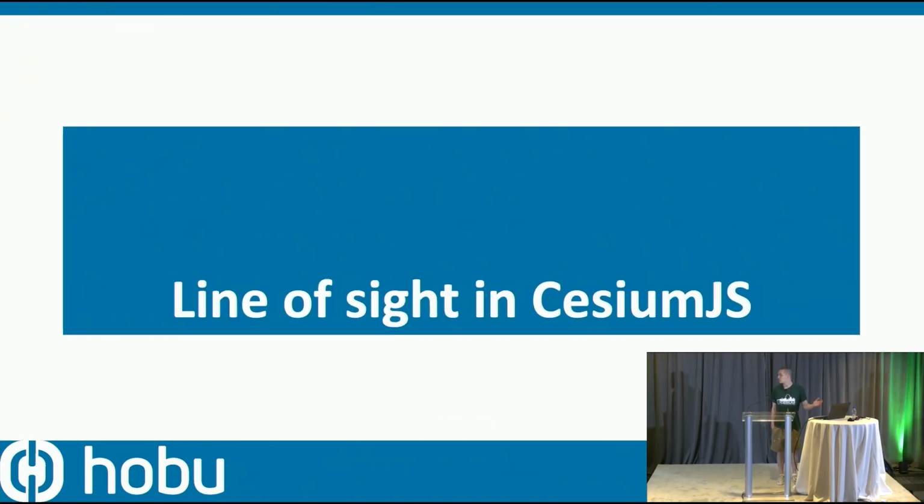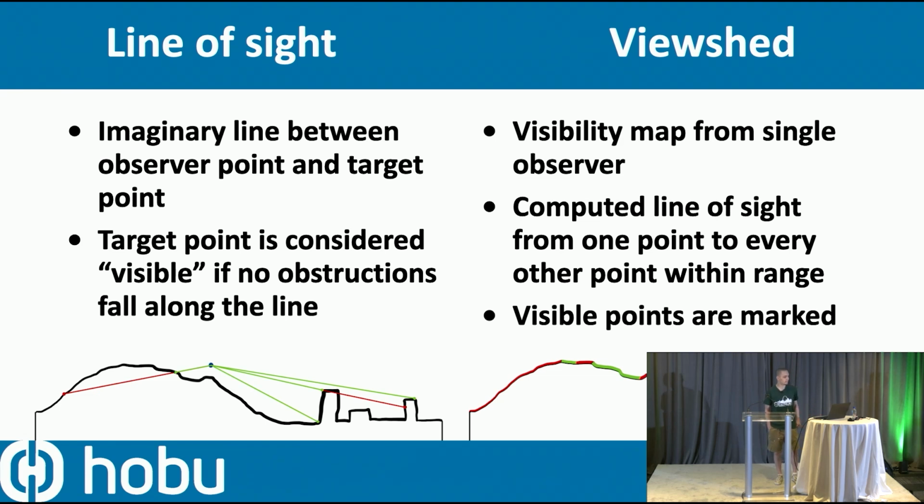Now finally, I'm on to the thing that everyone came here for today because it was in the title, the line of sight features. But first, it's important to distinguish what I mean when I'm talking about line of sight or viewshed, because they are separate things, but they're interconnected. And I've shown a two-dimensional cross-section of each concept.